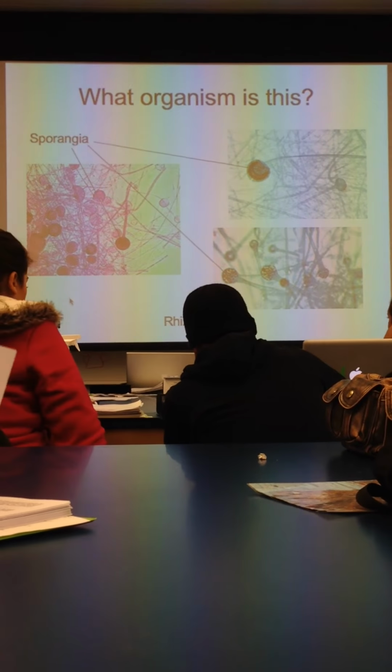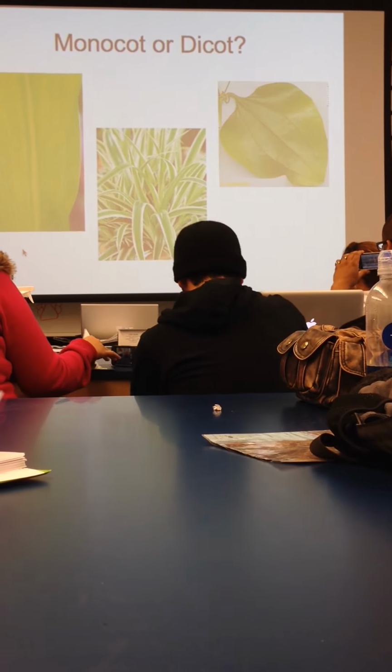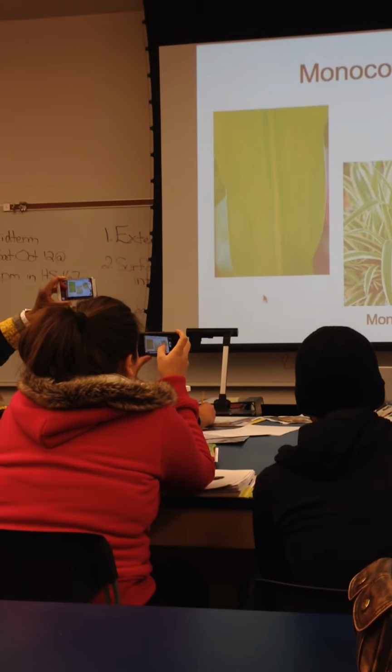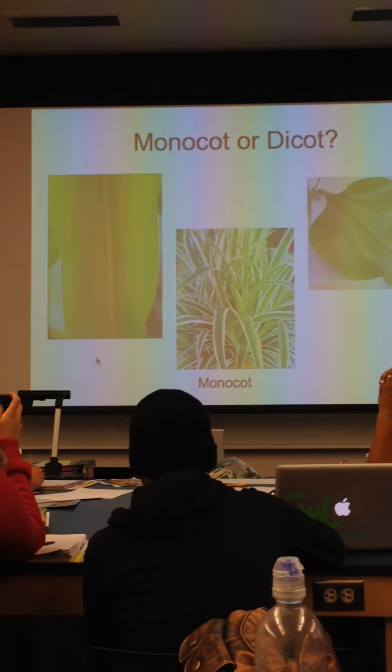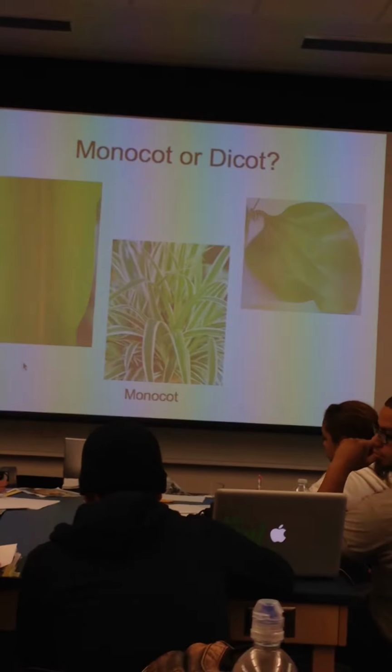You guys okay if I switch this? Okay. So, is this a monocot or a dicot? Monocot. How do you know it's monocot? Parallel veins in the leaf. Okay. So remember, there are different ways to tell monocots from dicots.